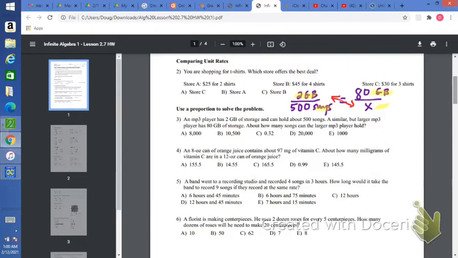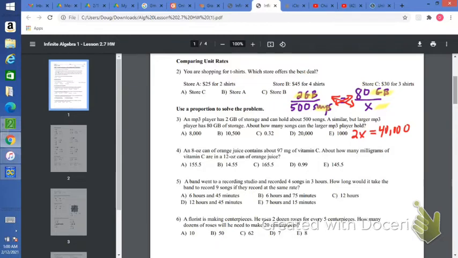So 2 times x is going to give us 2x, and that equals 500 times 80. So 500 times 80 is going to be 40,000.